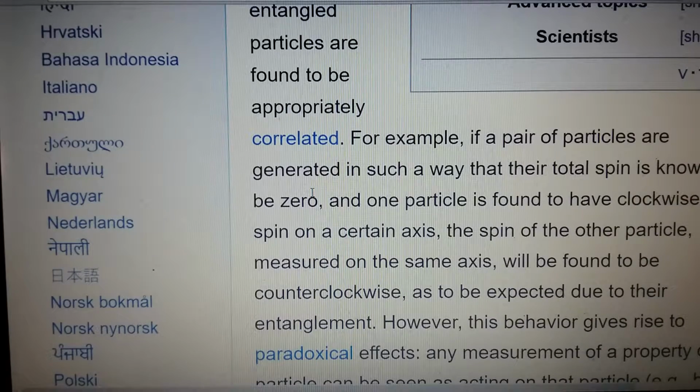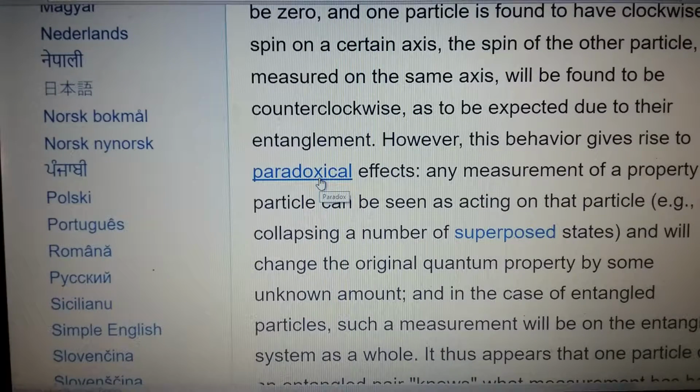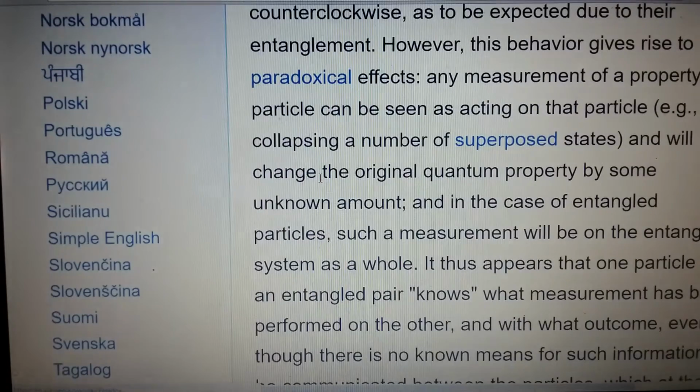However, this behavior gives rise to paradoxical effects. Any measurement of a property of a particle can be seen as acting on that particle by collapsing a number of superposed states, and will change the original quantum property by some unknown amount. And in the case of entangled particles, such a measurement will be on the entangled system as a whole.